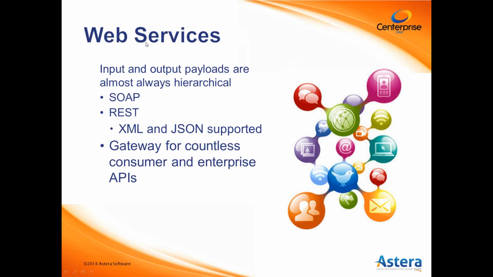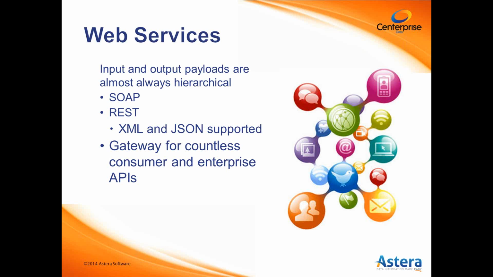With web services, the input and output payloads are almost always hierarchical, unless you're dealing with a very simple kind of GET on a very simple resource. You're probably going to be sending it XML and receiving back XML or JSON, but it's going to be a hierarchical structure.